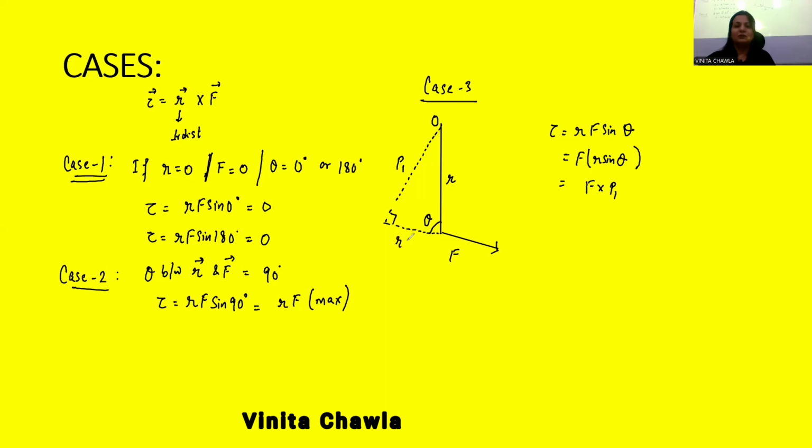So this is your R cos theta and P1 is R sin theta. ठीक है, ऐसे अगर राइट एंगल ट्राइंगल होता है, ये अगर R है तो ये R sin theta होता है, और ये R cos theta. F into P1 is the torque.